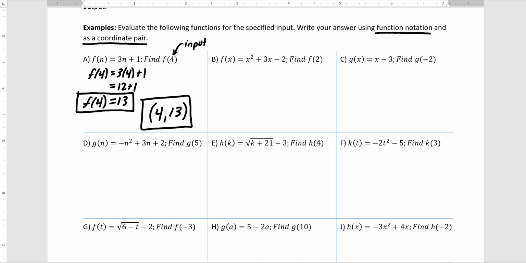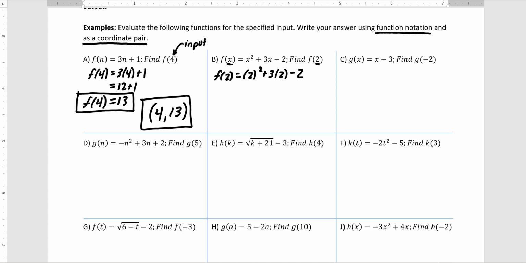All right, let's try a couple others. So looking at letter B, f of x equals x squared plus 3x minus 2. Find f of 2. So it's telling me to input 2 anywhere there is an x. So I'll say f of 2 equals 2 squared plus 3 times 2 minus 2. Once I've done that, all I need to do is simplify.